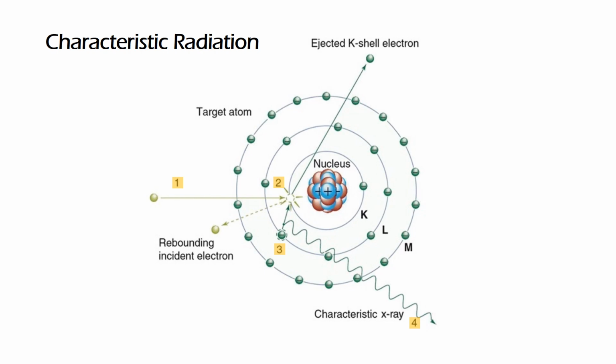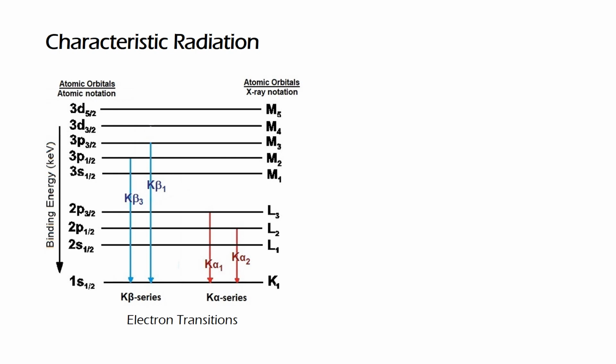Let us now explore a few electron transitions that produce prominent characteristic radiations. This illustration shows the atomic orbitals arranged by their binding energy level. While discussing the possible electron transitions, we will refer to the X-ray notations of the atomic orbitals.